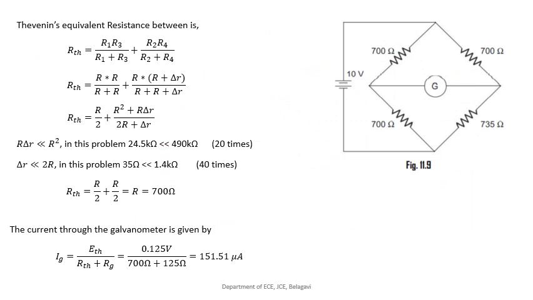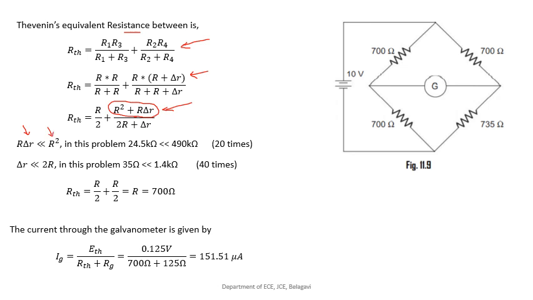Now, similarly, you have to calculate the resistance. The first one is the general equation. Then you substitute R1, R3 and R2 as R, and R4 as R plus delta R. If you substitute that and simplify, you will get this. In the numerator, R into delta R is very much less than R square.